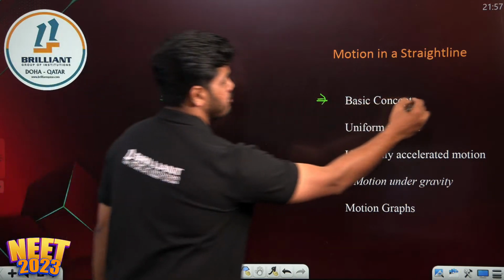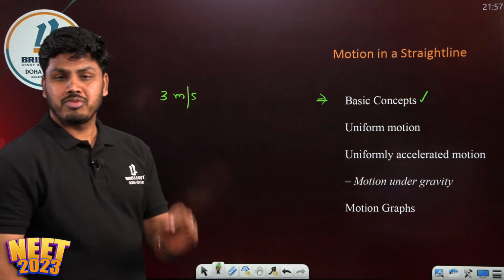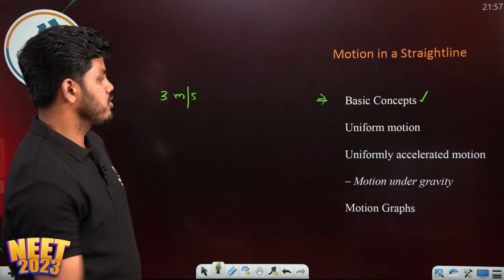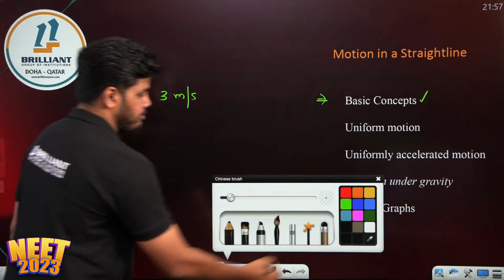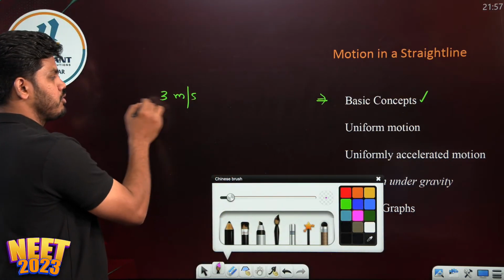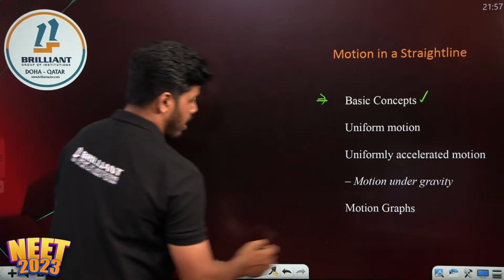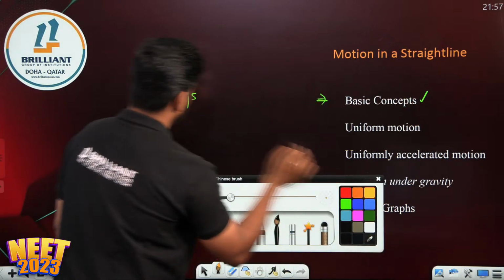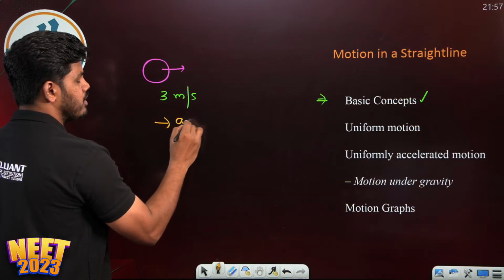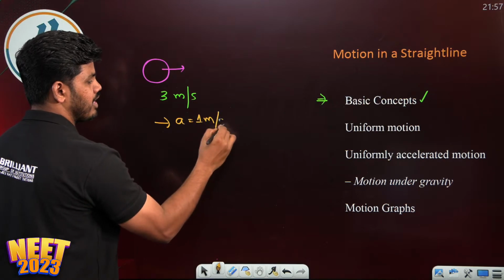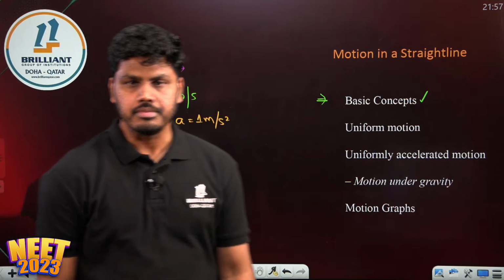That kind of proper understanding of the concept of motion is very, very important in solving questions. What is the meaning of applying an acceleration on this body? The body was moving in this direction with 3 meters per second. What do you mean by accelerating this body with 1 meter per second square acceleration?